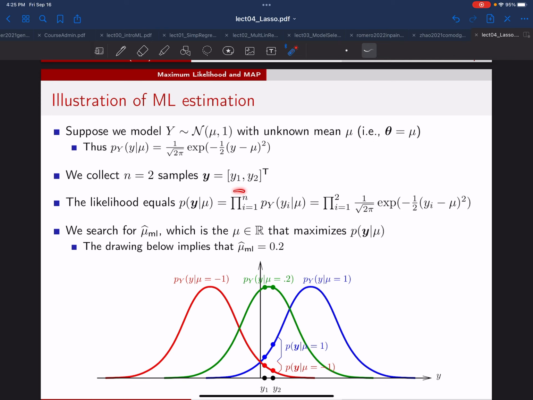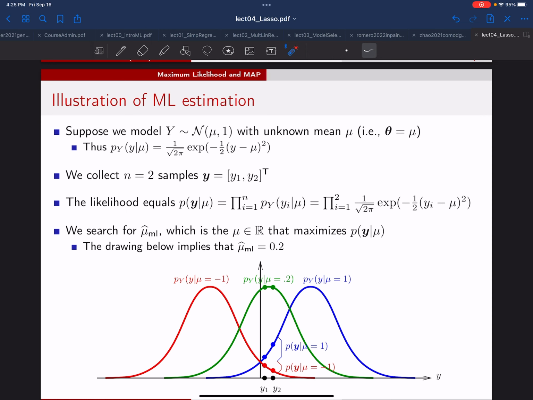So we can write this as the product of this original function evaluated first at y equals y1, later at y equals y2. And more than that, we can actually plug this in, and we get this. So this is our likelihood exactly, and it's going to be a product, in this case, of two things, just two scalar numbers.